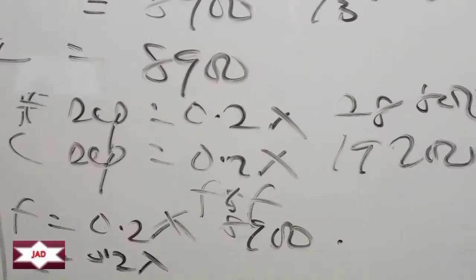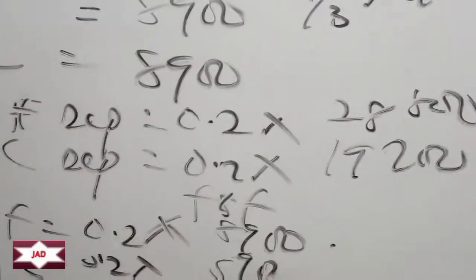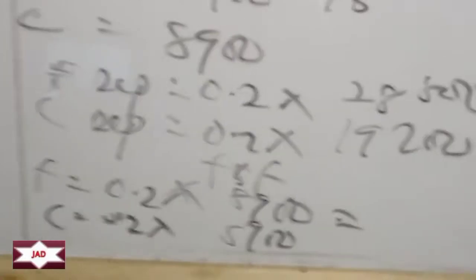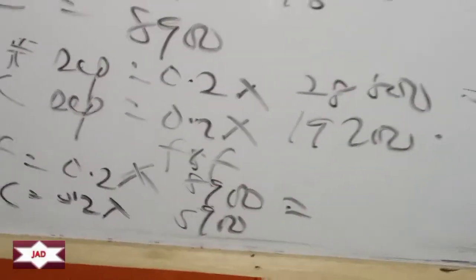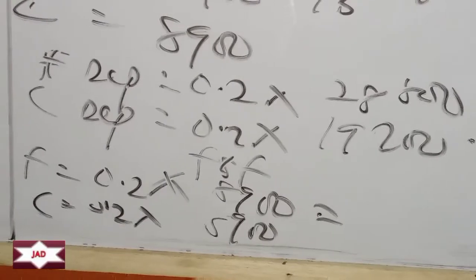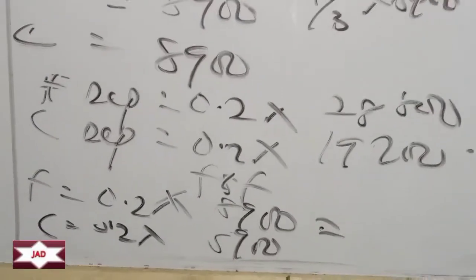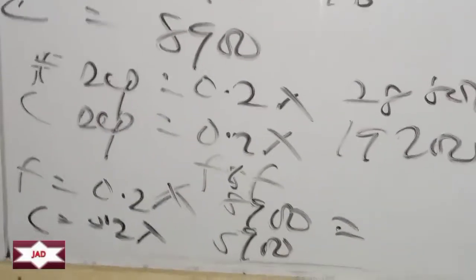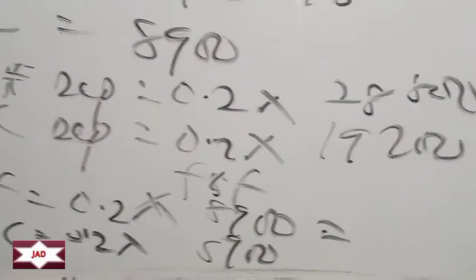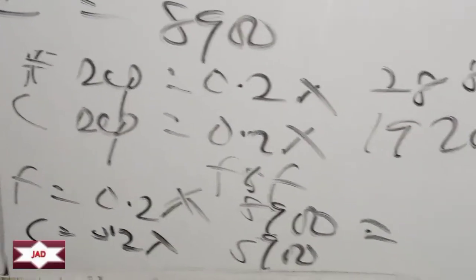That's 5,900. So this one will be 0.2 times 8,900.